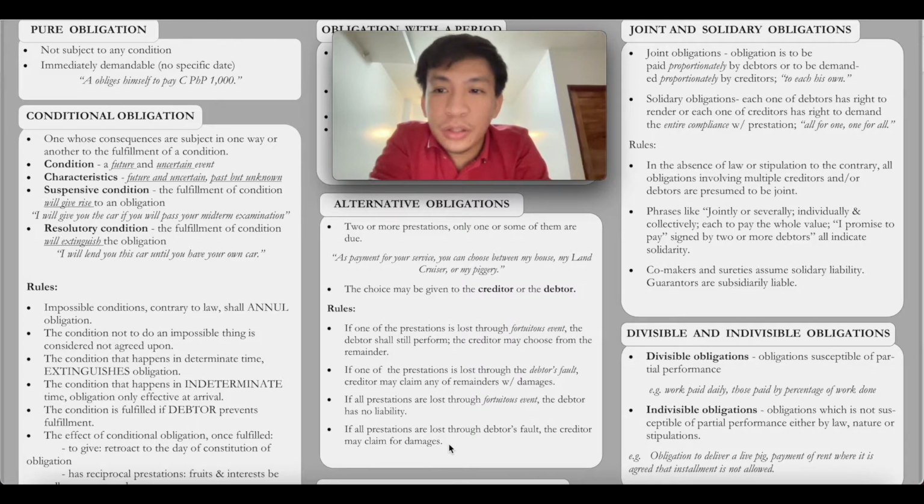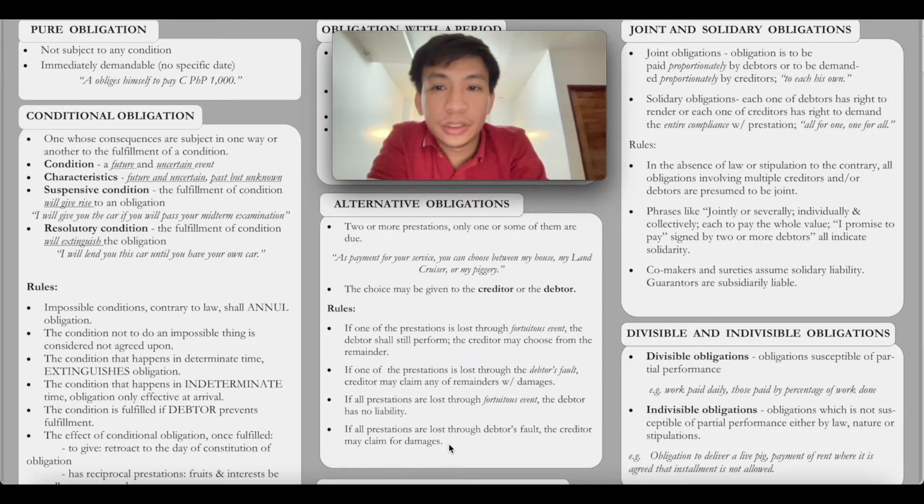Whereas here in solidary obligations, each one of the debtors has the right to render, or each one of the creditors has the right to demand the entire compliance of the prestation. Kumbaga, kanina, yung sa joint obligations ay kanya-kanyang bayad ng kanya-kanyang share or kanya-kanyang singil ng kanya-kanyang share.